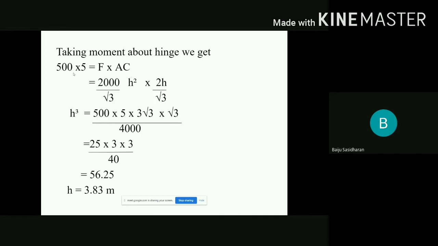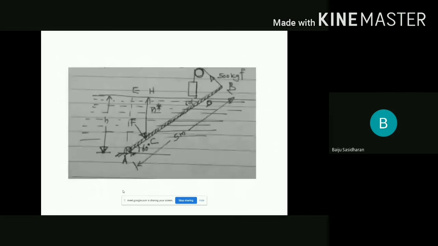Equating that, you will get the value for H. That H is the required height of water at which the gate starts to move down. Otherwise, water from the left side shall move to the right side. I think this is clear to you.